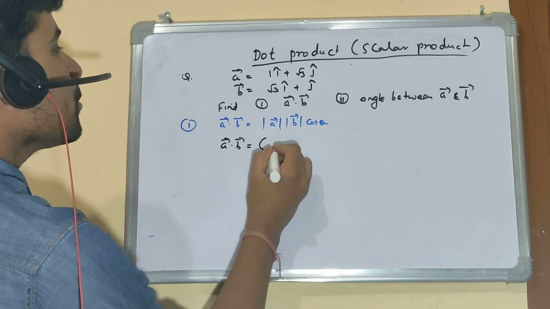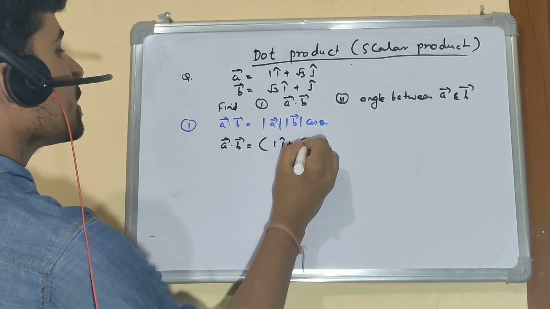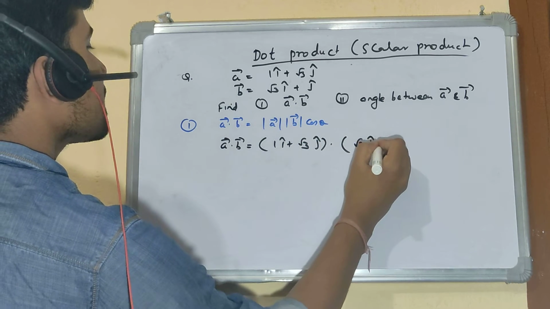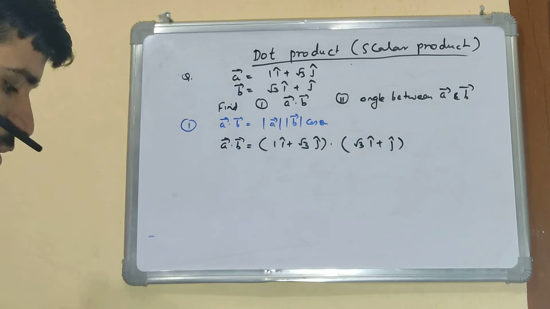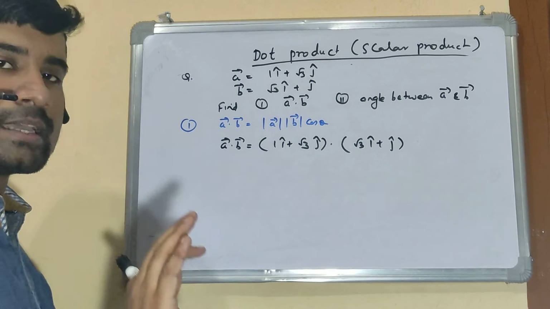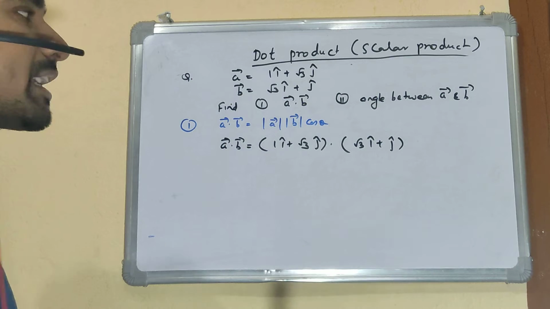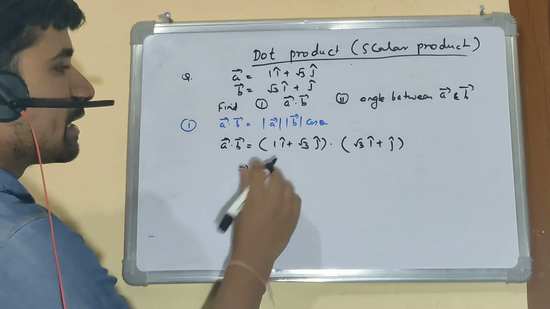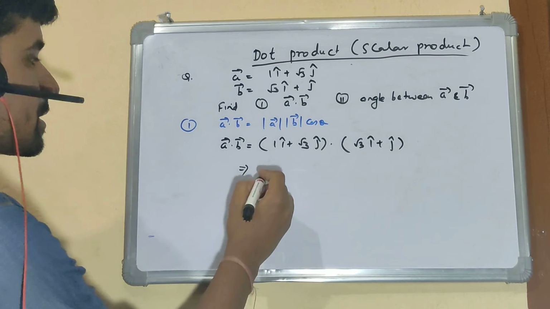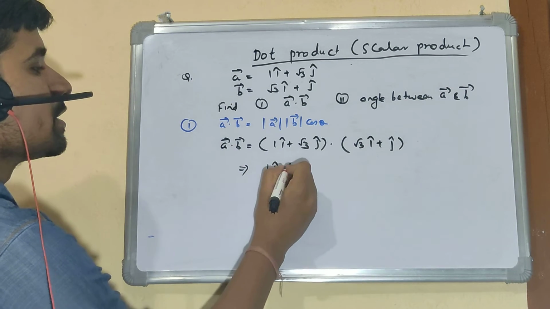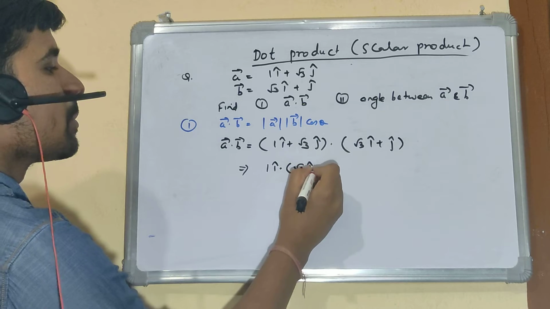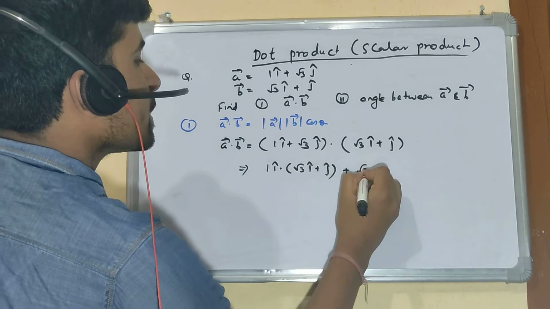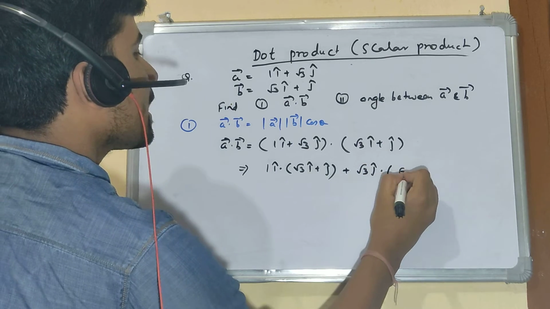So if I put 1 i cap plus root 3 j cap dot root 3 i cap plus j cap. We know that i cap dot i cap is 1, but i cap dot j cap is 0. Like normal multiplication, take 1 i cap dotted with root 3 i cap plus j cap, and take root 3 j cap dotted with root 3 i cap plus j cap.